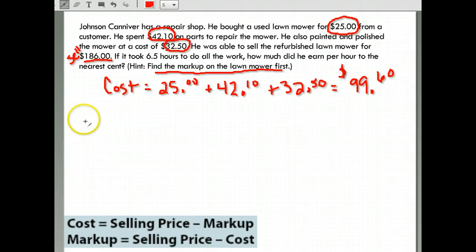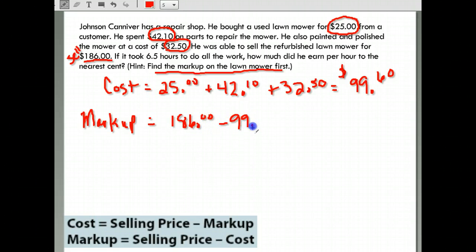Now we're going to go ahead and find out, well, what was the markup? Because the markup is going to be the amount that he added to the price so that he could actually make something. So for the markup, you take the selling price, which was $168. That's how much he sold it for. And you subtract the cost. And again, his cost was $99.60.